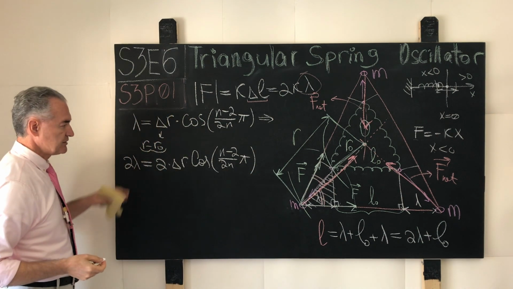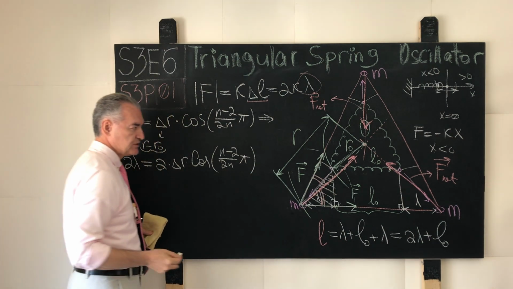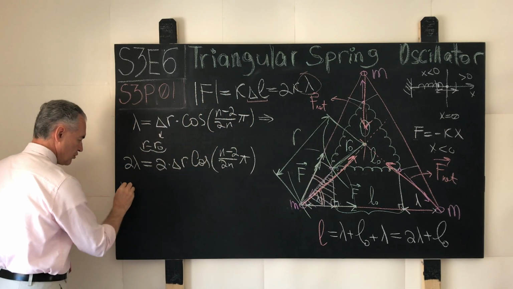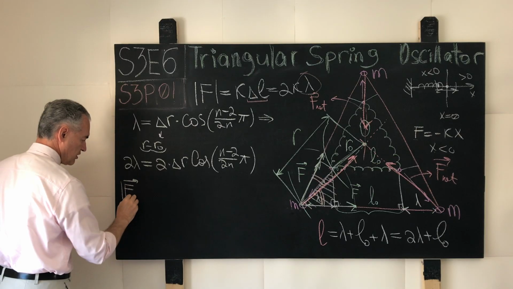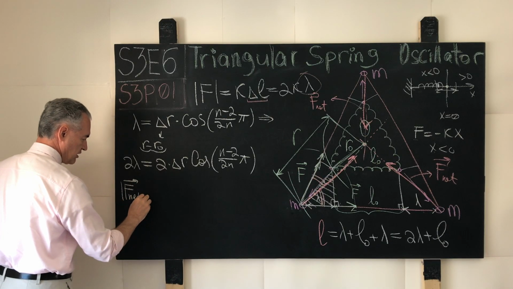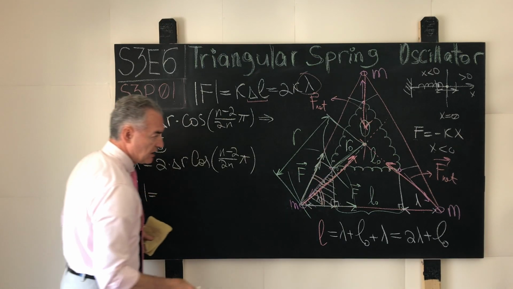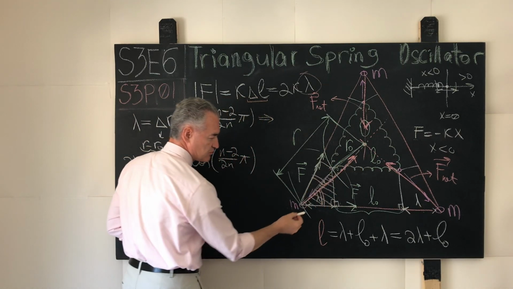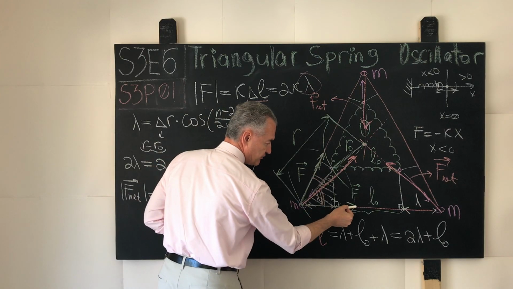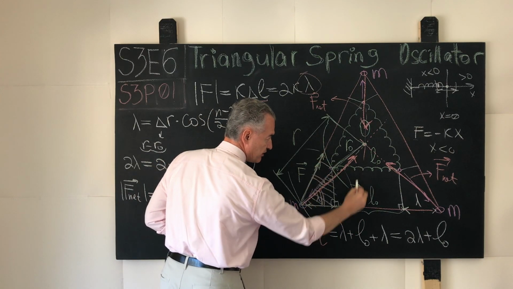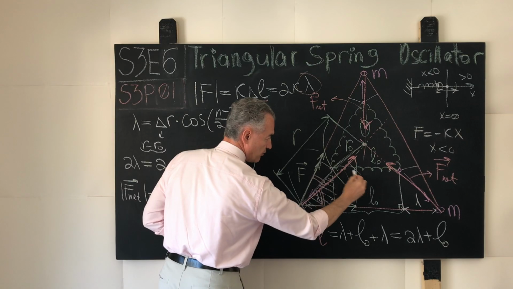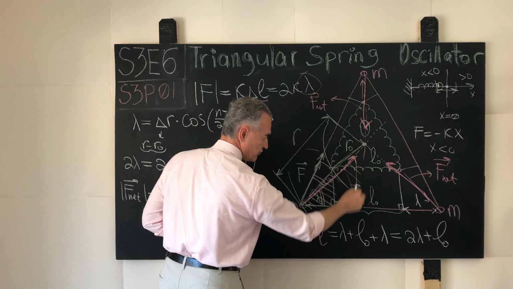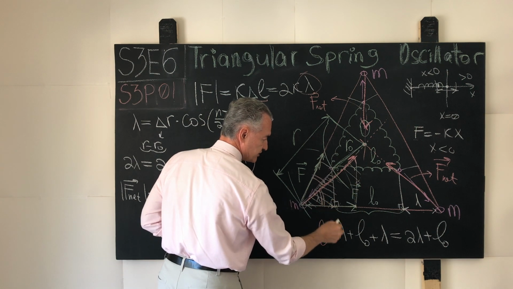And once this is on the books, what can we say about the magnitude of the net force? The magnitude of the net force also should be straightforward. You guys should be able to write it down before even I do. How did we obtain this net force over here? The direction we established, but we added this vector to this vector, and this triangle will be what? Isosceles. By magnitude, the length of this side is f, the length of this side is f.